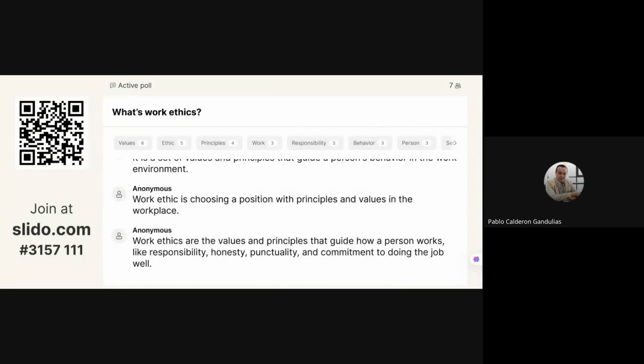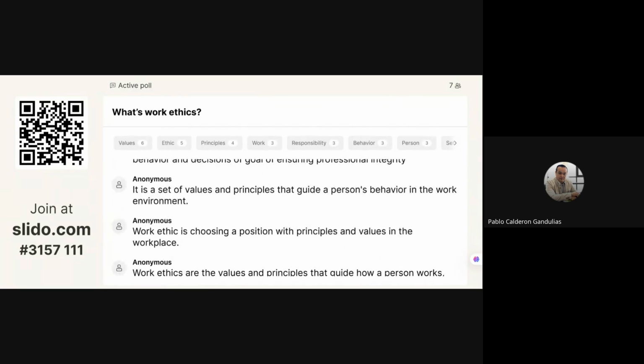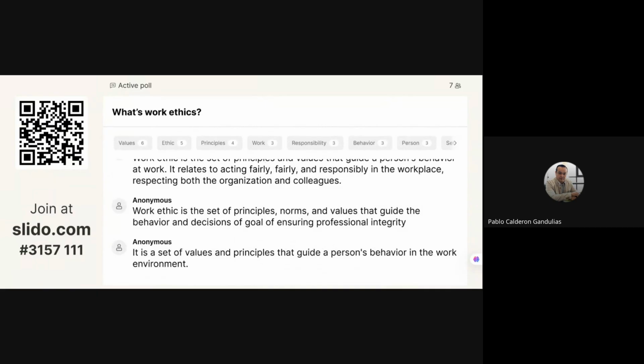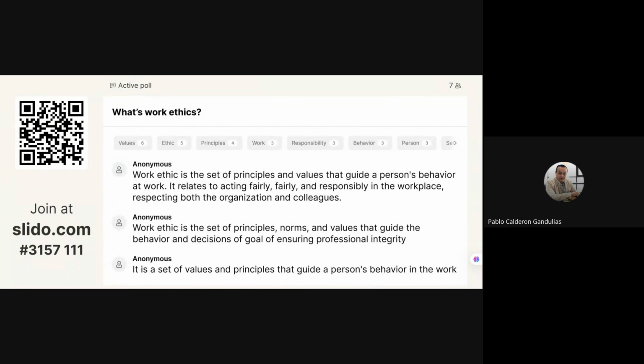Okay, excellent. Is choosing a position with principles and values in the workplace. It is a set of values and principles that guide a person's behavior in the work environment. Oh, excellent. Is the set of principles, norms, and values that guide the behavior and decisions with the goal of ensuring professional integrity.